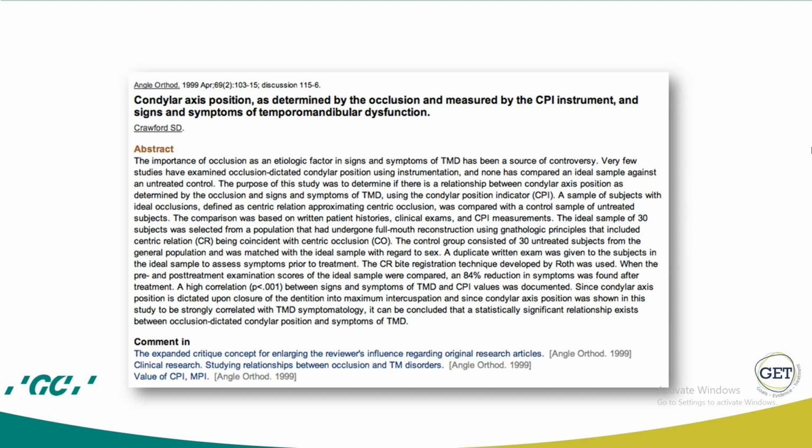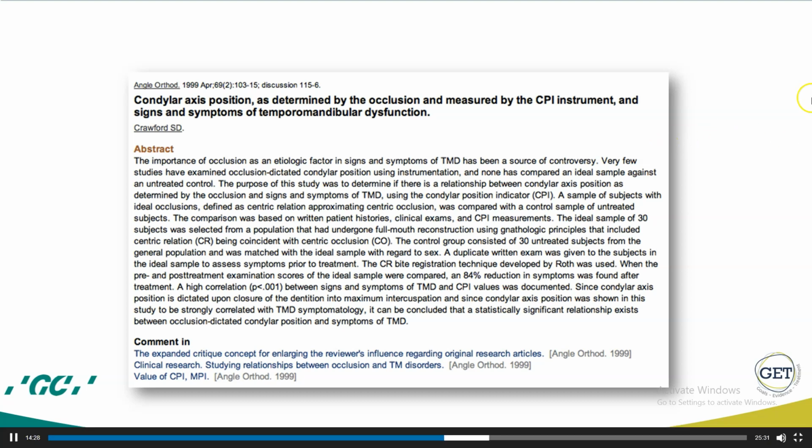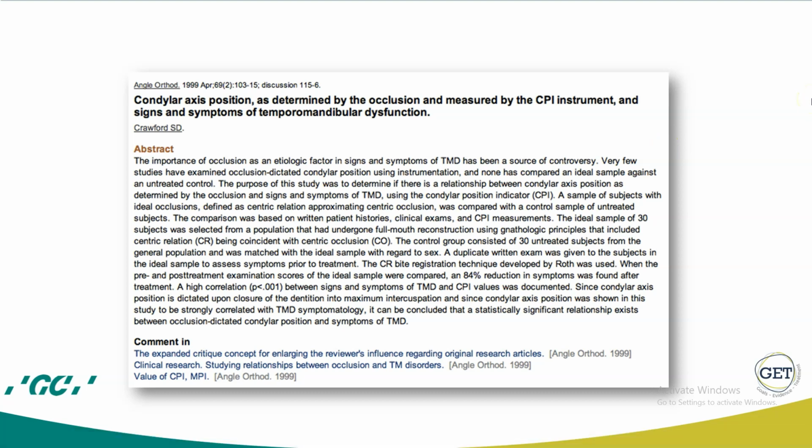A sample of subjects with the ideal occlusion, defined as centric relation approximating centric occlusion, was compared with a control sample of untreated subjects. The comparison was based on written patient histories, clinical exams, and CPI measurements. A duplicate written exam was given to the subjects in the ideal sample to assess symptoms prior to treatment.